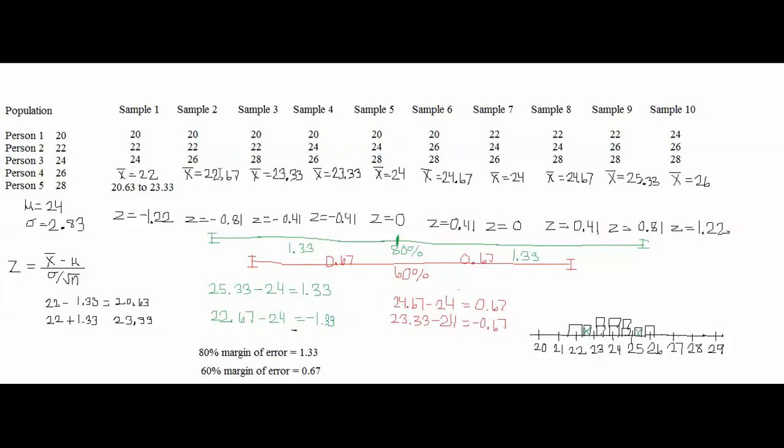Anything between sample 2 and sample 9 is in the middle 80%. So we'll do it with sample 3. We'll take the sample mean of sample 3, which is 23.33. We'll add and subtract the 80% margin of error, which was 1.33.